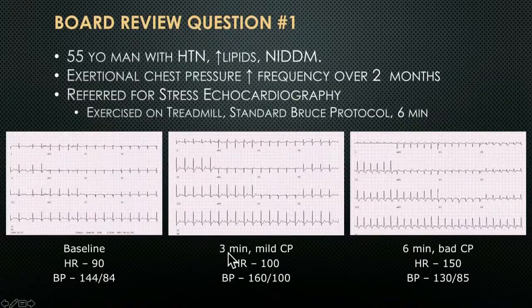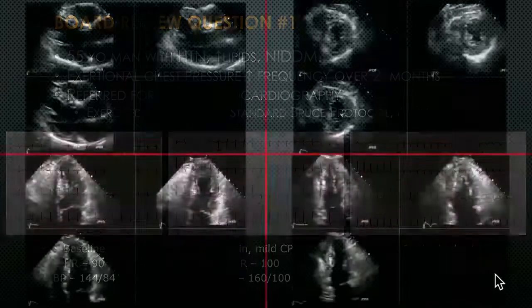At 3 minutes, he's complaining of some mild chest pain, and blood pressure is significantly more elevated. And then at 6 minutes, he finally convinces the fellow that it's time to let him stop because of his crushing chest pain. He has reached target, but oops, his blood pressure seems lower. And those are the EKGs.